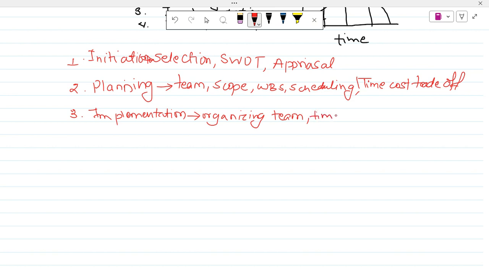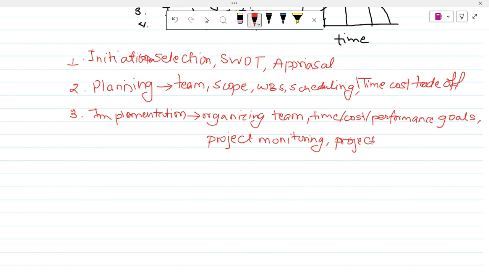Time, cost, and performance goals are clearly defined, like the hydropower plant should perform up to this level and generate electricity at this rate. Project monitoring is done; the project is constantly monitored. And project control is done: if there is any deviation, appropriate actions are taken.